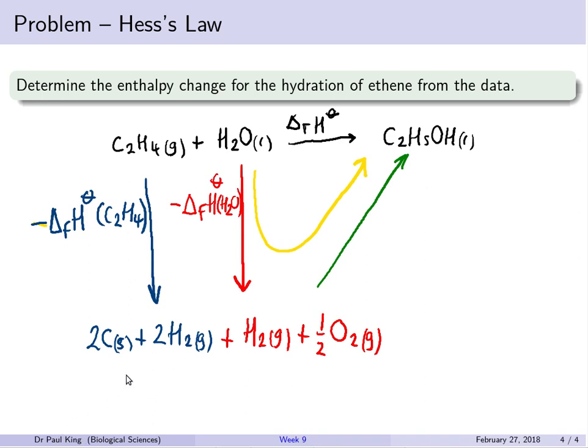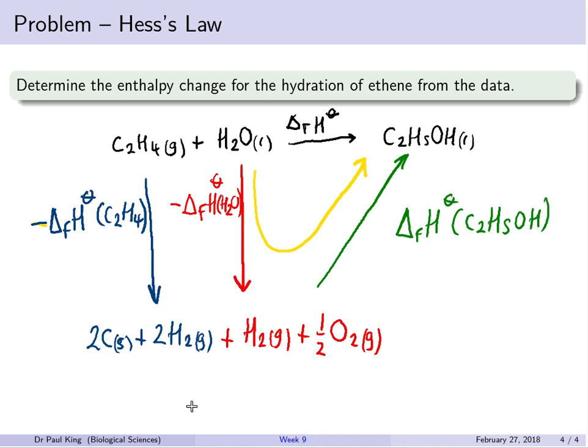The final step in this reaction, the green arrow that I've got here, corresponds to the formation of 1 mole of ethanol from carbon and hydrogen and oxygen. And so that is simply the enthalpy of formation of ethanol, C2H5OH.